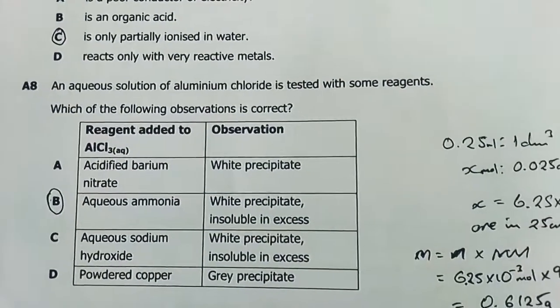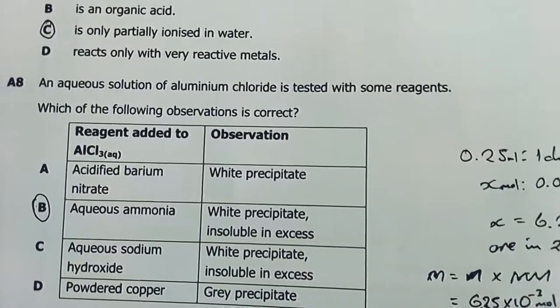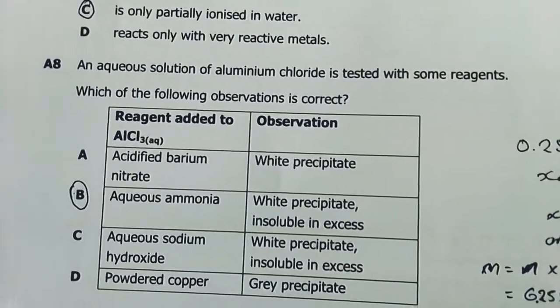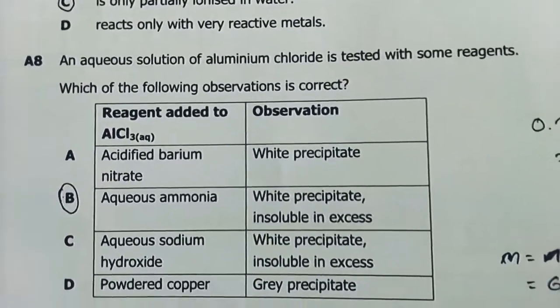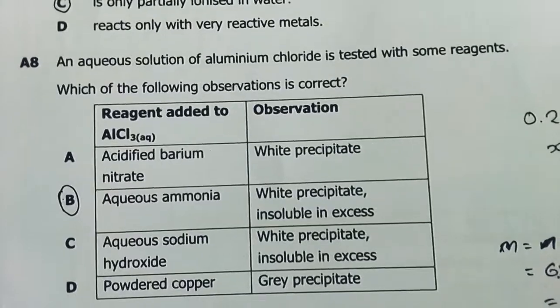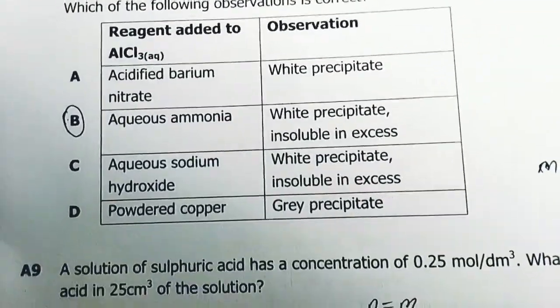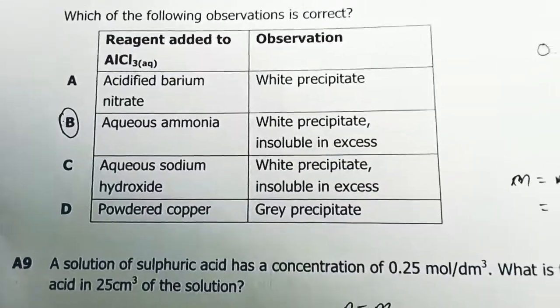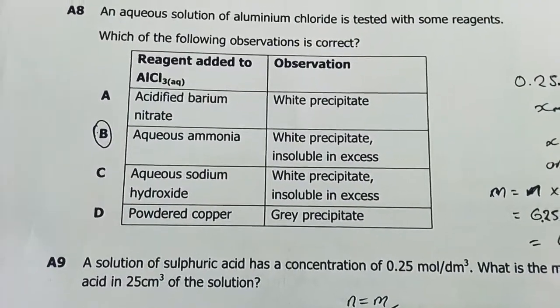8. An aqueous solution of aluminum chloride is tested with some reagents. Which of the following observations is correct? This question was tough. I had to check from a chart which I made some time back, because you have to remember how these gases, cations and anions are tested and the outcomes.